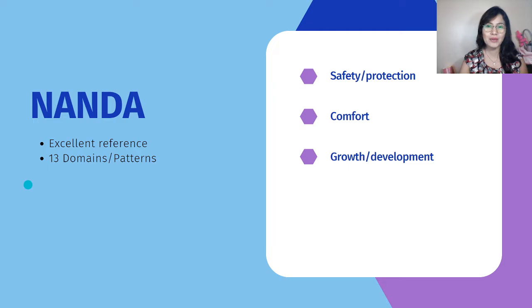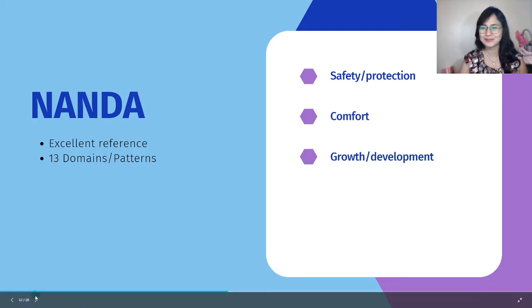And lastly, we have growth or development. So this is actually age-appropriate increases in physical dimensions, maturation of organ systems. It can also deal with progression through the developmental milestones.